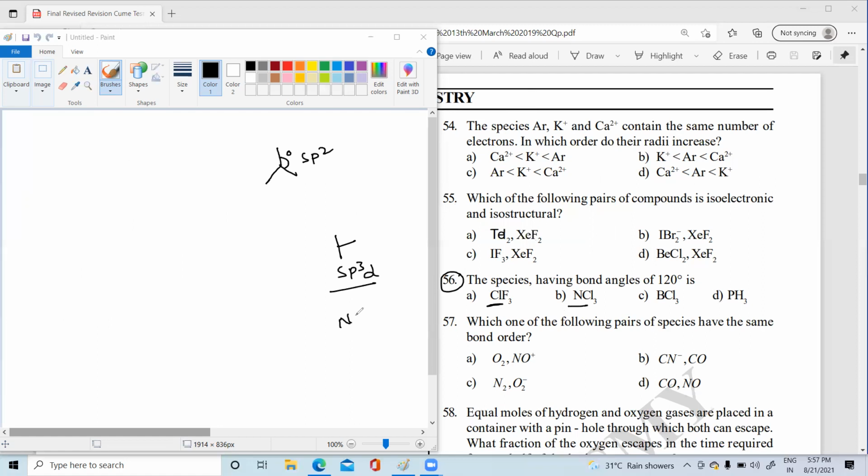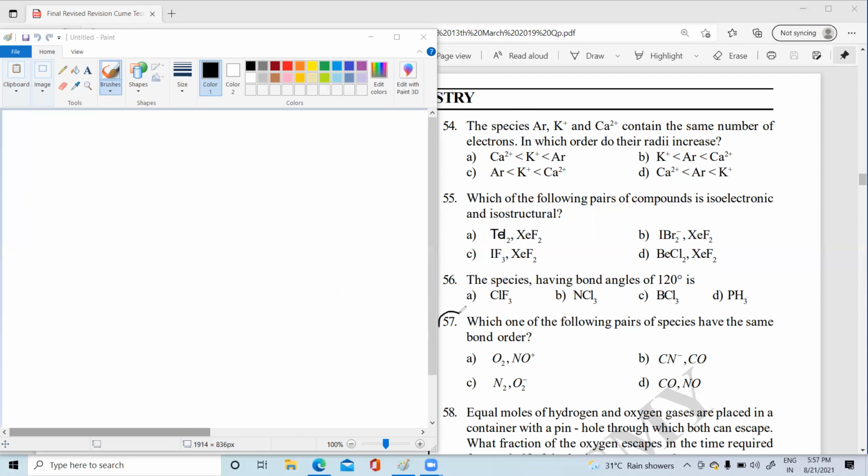NCl3 is sp3, but it has one lone pair, so you will get less than 109. BCl3 is sp2 hybridization, 120 bond angle. So the answer should be C, students. Phosphine also should be sp3 hybridization. So the answer should be C, students.